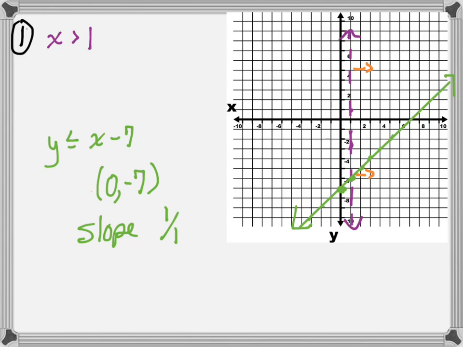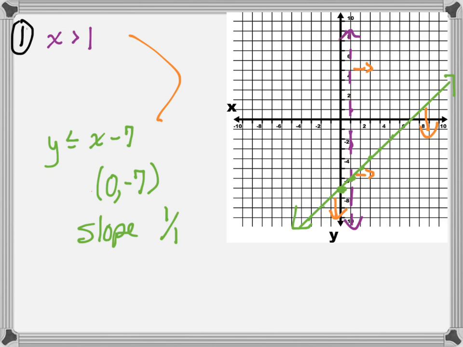Now, y is less than or equal to x minus 7. So less than, what would be less than is the numbers that are smaller. So it would be down here. When we do this, you're actually going to be looking for where the overlap is between these two shading areas. And so I'm going to talk about this in regions.